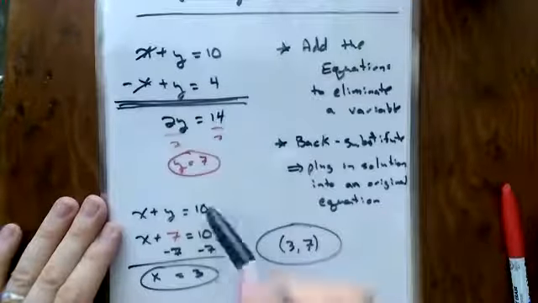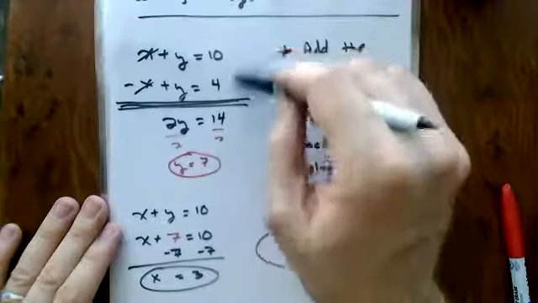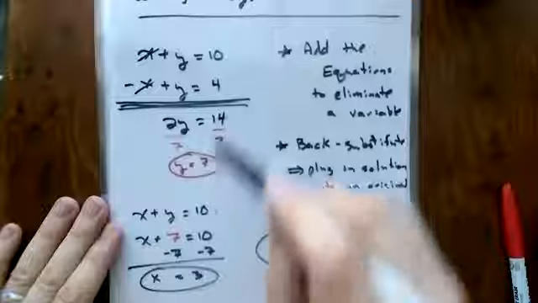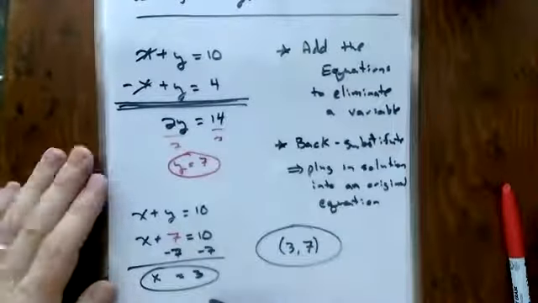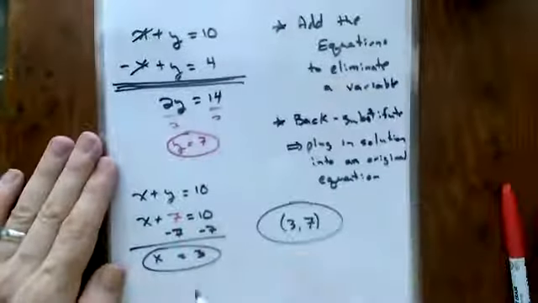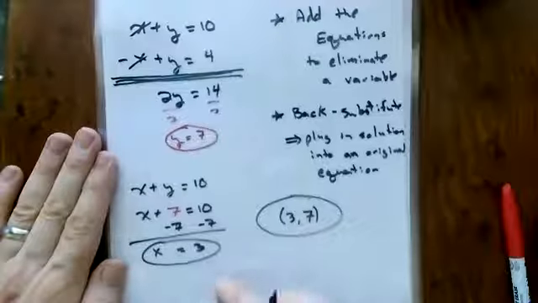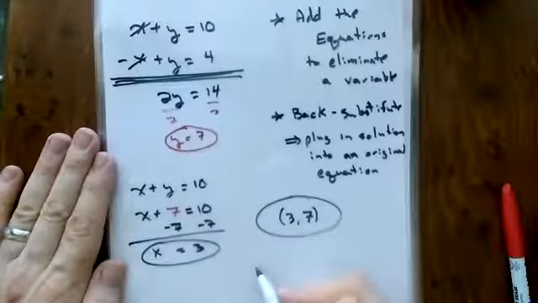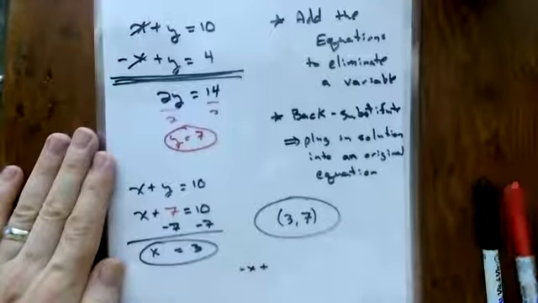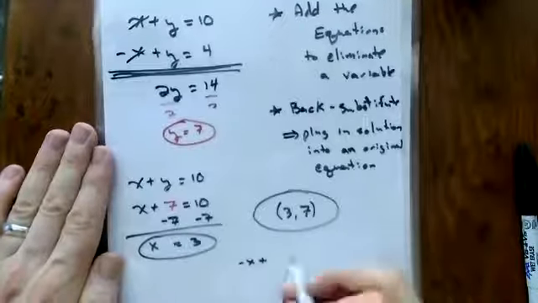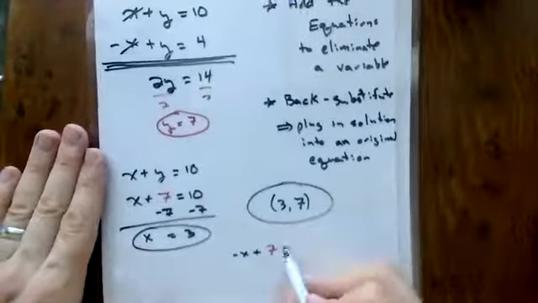Just to let you know, it doesn't matter which of these two equations I plug this into. I could plug it into the top one, as we did right here, and we came up with x equals 3, or if I plugged it into the bottom one, I'd end up with the same answer. That's actually a good way of checking your answers. Negative x plus 7 is equal to 4.